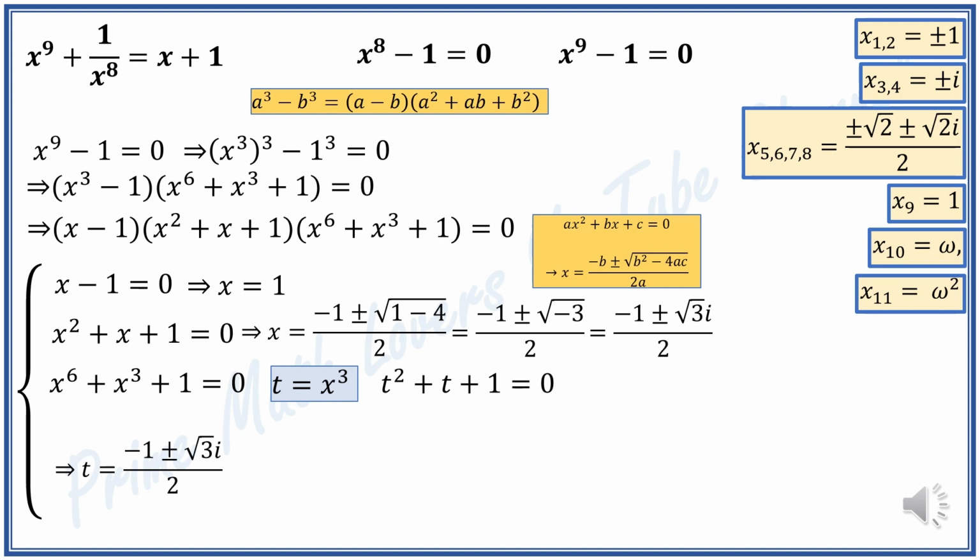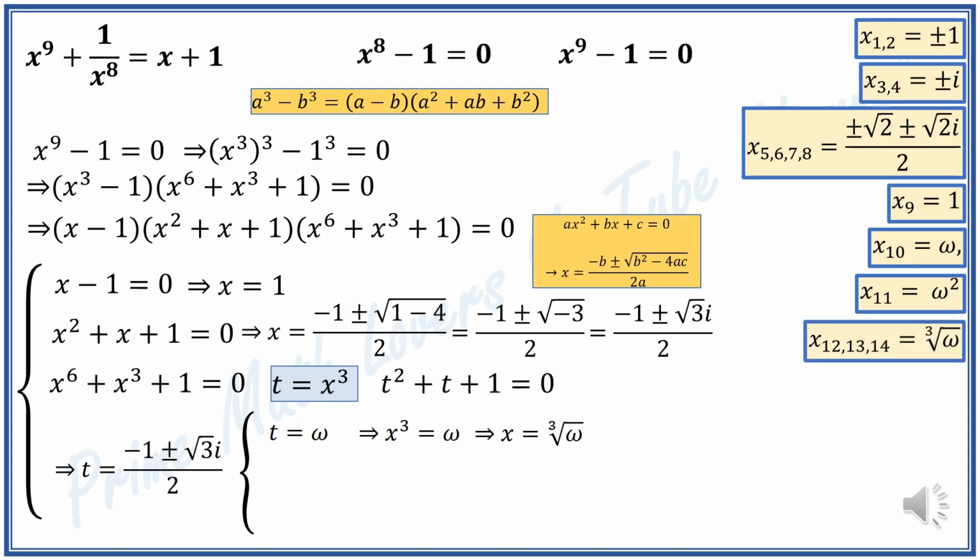So minus 1 plus or minus square root of 3 times i, divided by 2 are the cube roots of unity, and we call them omega and omega squared. So t is equal to omega means x cubed is equal to omega. And that means that x is equal to the cube root of omega. And these are the three other roots of the equation.